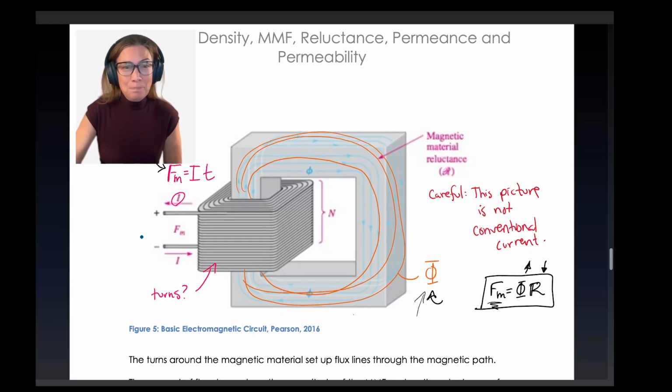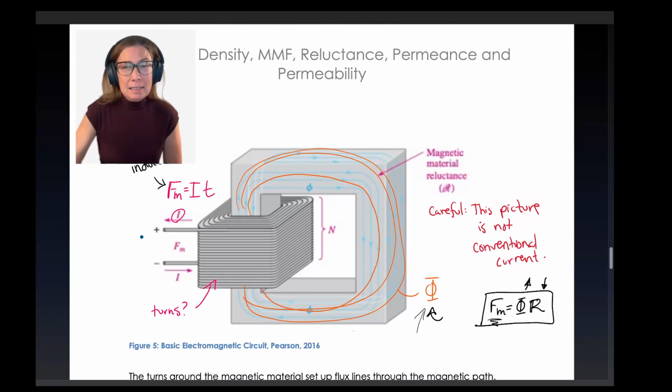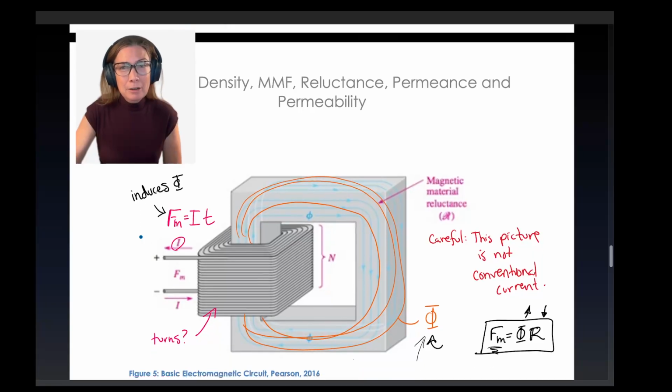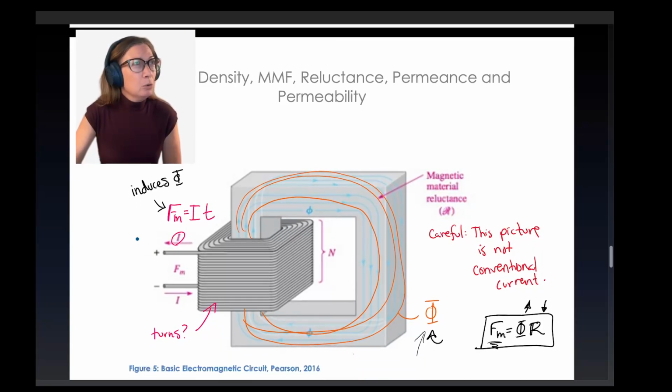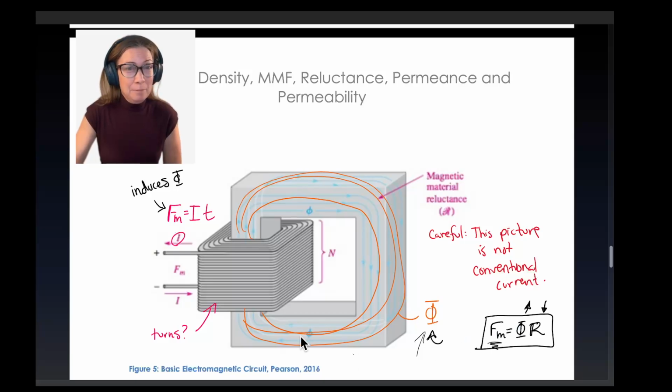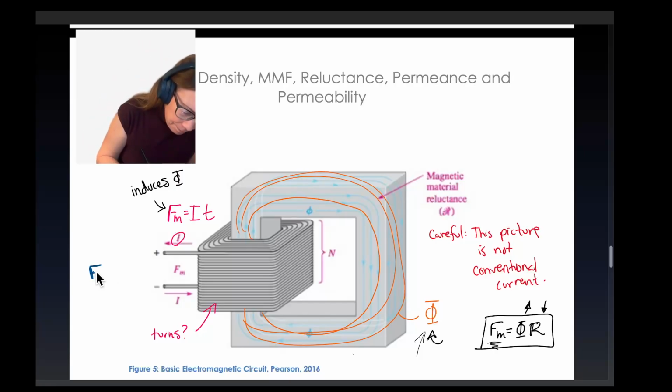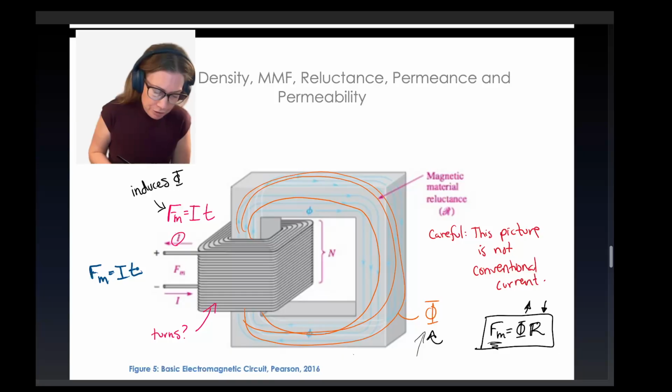So here we go. Here's this circuit, and we're going to ignore this formula over to the right that has an R in it, and look at just the formula: F sub M equals current times the number of turns.